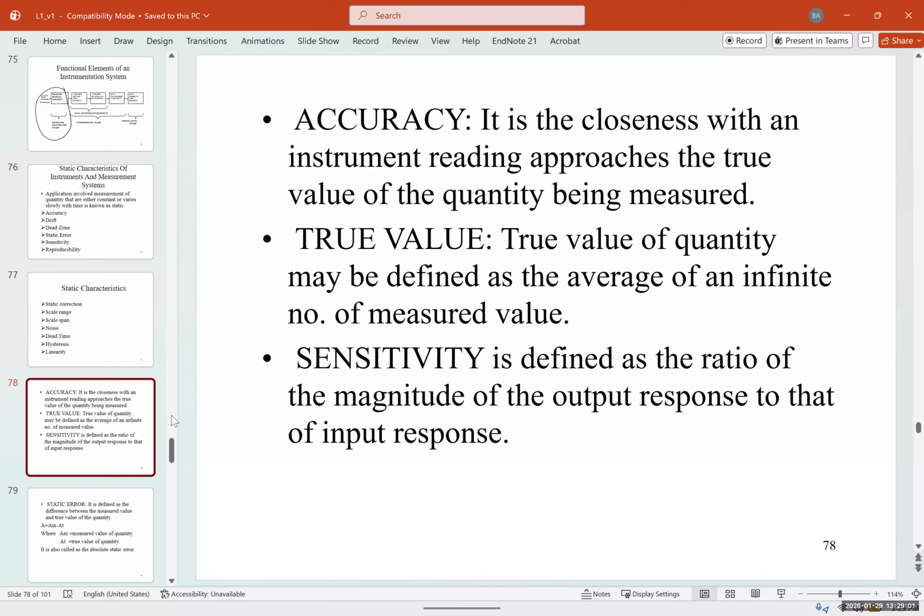Accuracy is the measurement of the closeness of the actual or true value and the value that the instrument reads. For example, if we have water and we want to measure how much water we have in a tank, and the tank has some indicator scales on it, and it says it's 1 gallon.